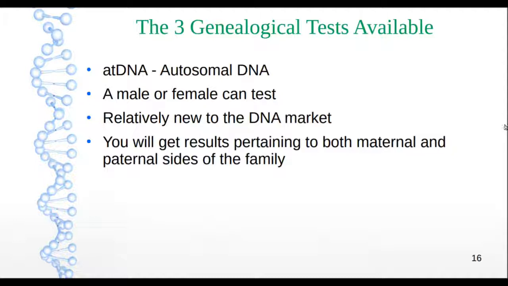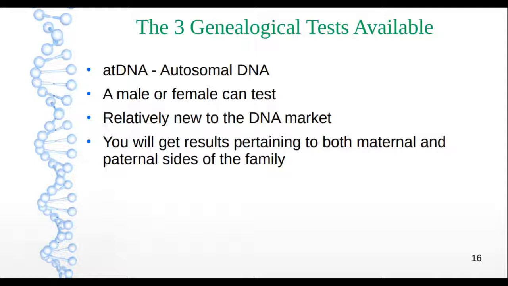That means that unlike the sex chromosome, a male or a female can test, because it makes no difference. They're not testing the sex chromosome. They're testing the autosome chromosomes that were passed on from both parents. So you're getting information from both your mother's side of the family and your father's side of the family, and all their mother's side of the family and their father's side.